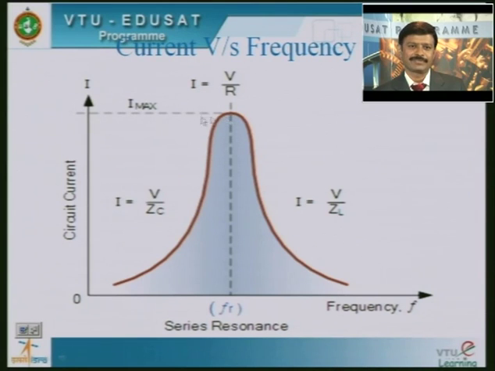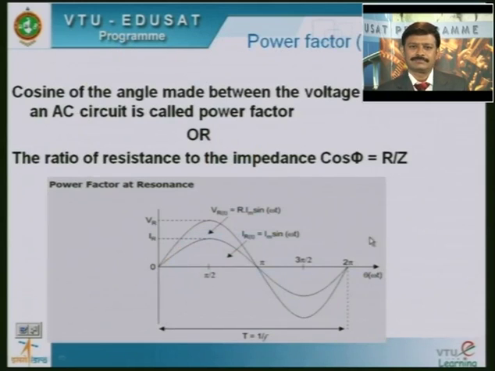Current increases when the circuit is capacitive in nature, because in a capacitive circuit current leads. Later on, after achieving the resonating condition, the current slowly decreases during this inductive nature. So, I is equal to V by ZL.